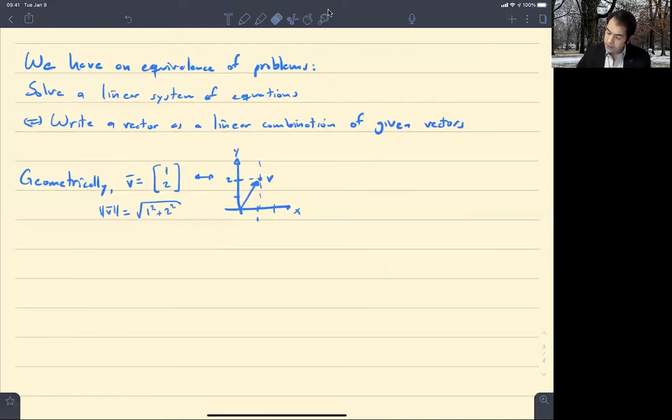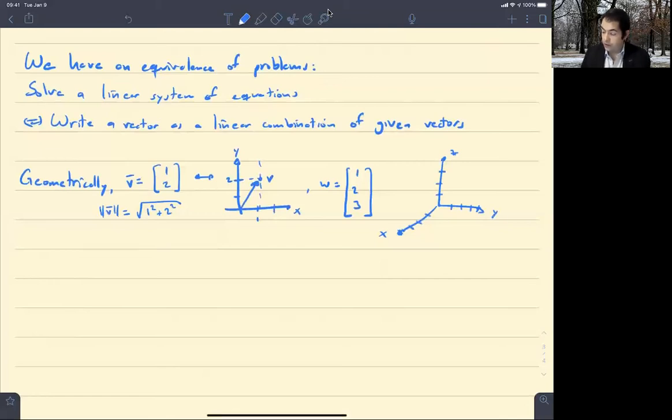Similarly, if we go up a dimension, let's say that w has coordinates 1, 2, 3, then the way you would represent this is you would draw the 3 axes. So let's say we put the x here, the y-axis here, and the z-axis there. And then you would trace out these equal distances.